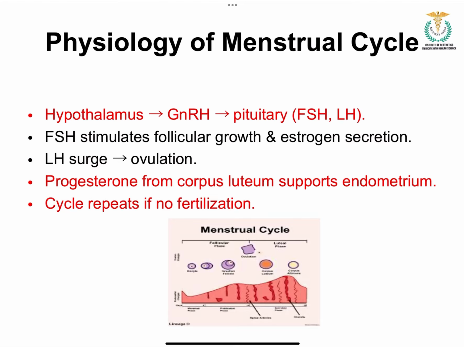So the cycle repeats if fertilization is not happening. Menstruation will happen, and in case fertilization happens, then the cycle stops. So this is what happens in the menstrual cycle.